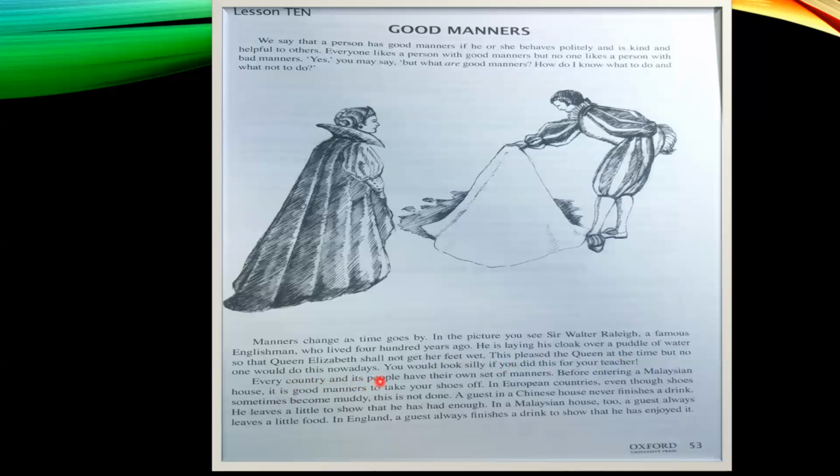No, no one. You would look silly if you did this for your teacher. If any student did this for his teacher, someone would laugh at him or call him silly. He is putting the cloth on the water so that the teacher may walk over it and his feet do not get wet.